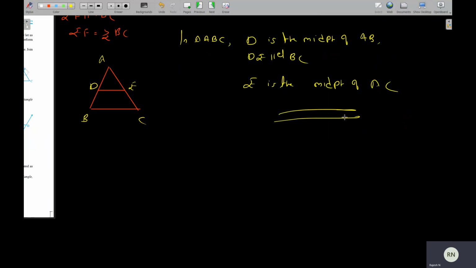This is the converse of the midpoint theorem.